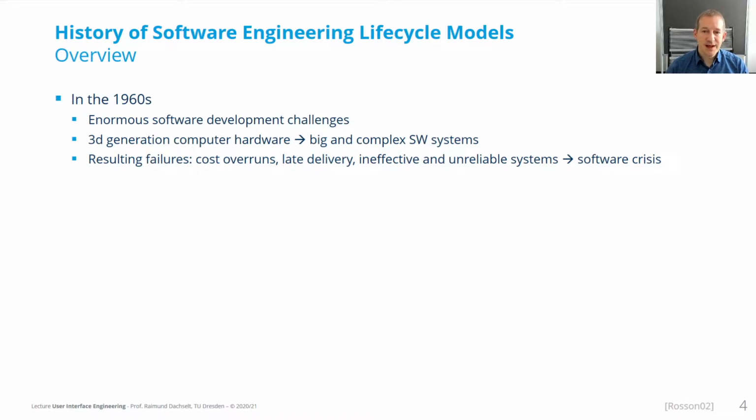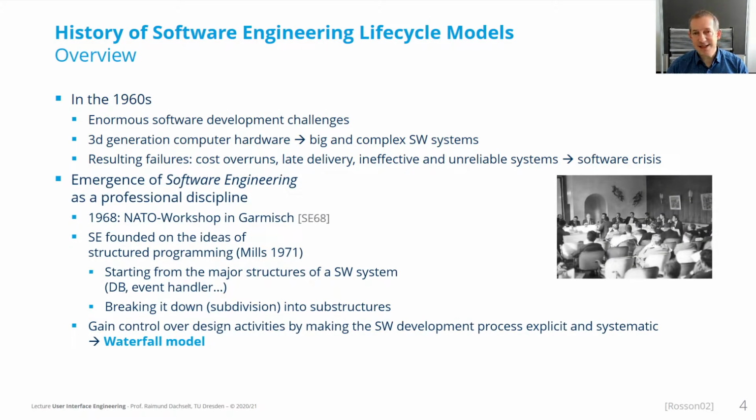And there was a very nice development. In 1968, there was a workshop first, and later on a conference on software engineering, which took place in Garmisch, and it was called a NATO workshop. And this NATO workshop is like the birth of modern software engineering and the emergence of software engineering as a professional discipline.